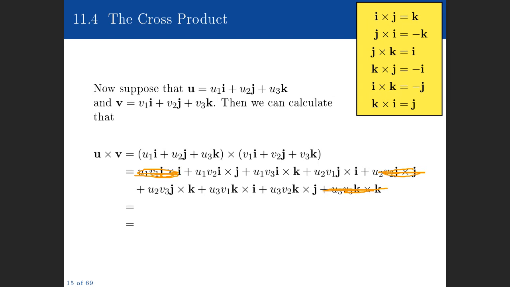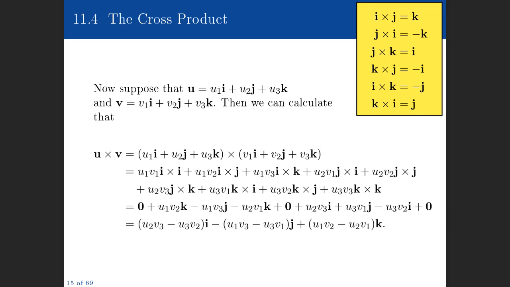And then we can use the table. i cross j, here it is, that must be k. i cross k, look in the table, that's minus j, and so on. We get 0 vector plus u1 v2 k minus u1 v3 j, and so on. Let's group together the i terms, the j terms, and the k terms.